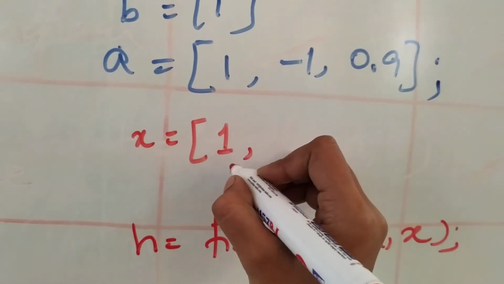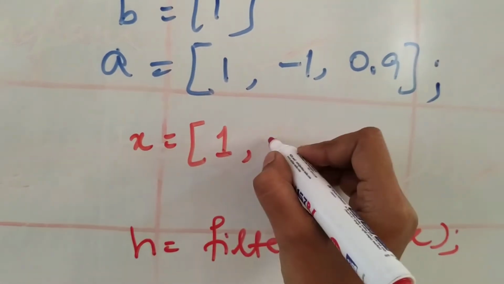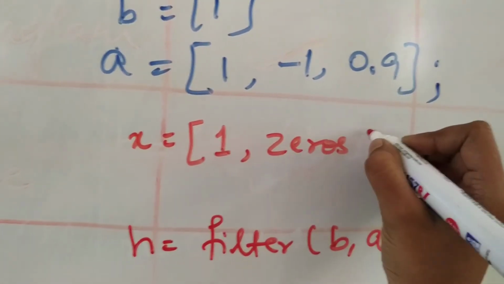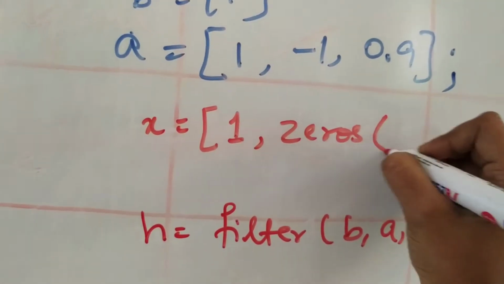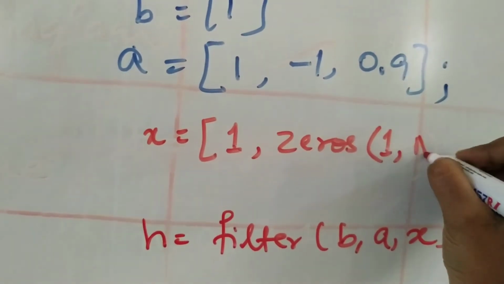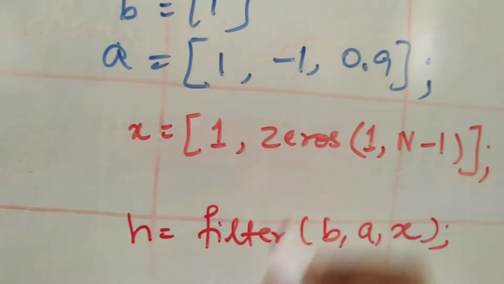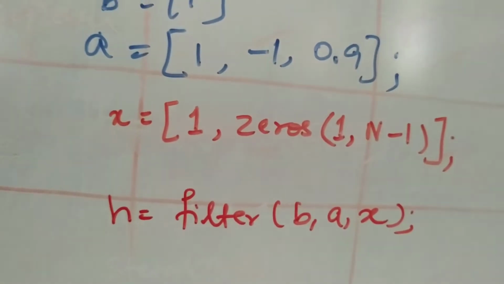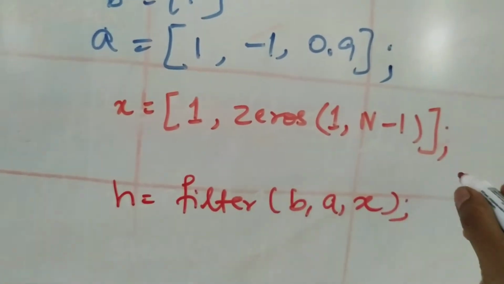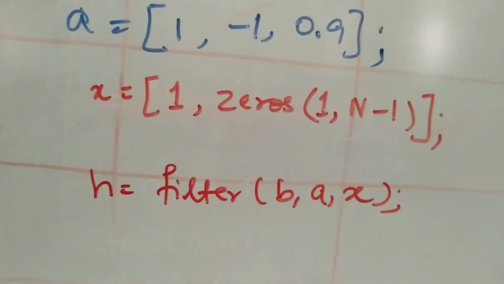So we can directly write the impulse input as X is equal to 1 comma zeros, starting with X of 1 up to n minus 1, remaining as zeros. So this will be the impulse input declaration. So that X value will be the impulse input.